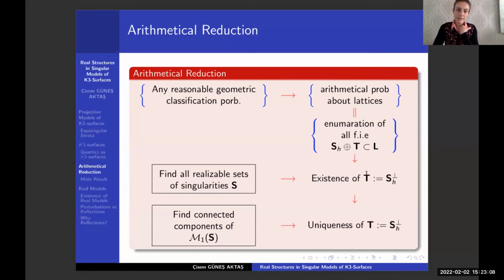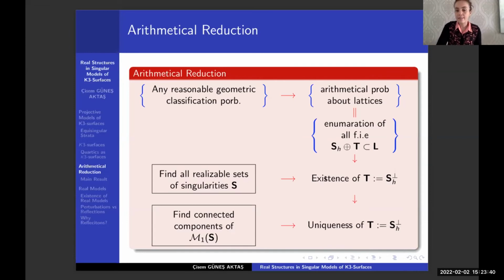This is what we need to do on the arithmetical side, and this part corresponds on the geometric side to finding all realizable sets of singularities S. Once we handle the existence problem, we need to look at the uniqueness of the orthogonal complement, and the corresponding part on the geometric side means that we find the connected components of the equisingular strata of non-spatial quartics.